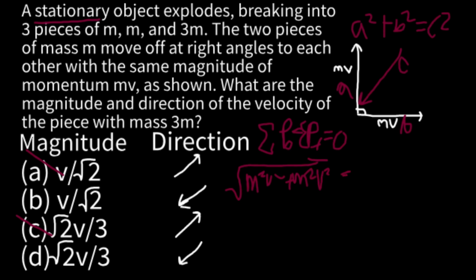which we can simplify to 2 square roots of m, or no, that's backwards. This will equal mv square root of 2.